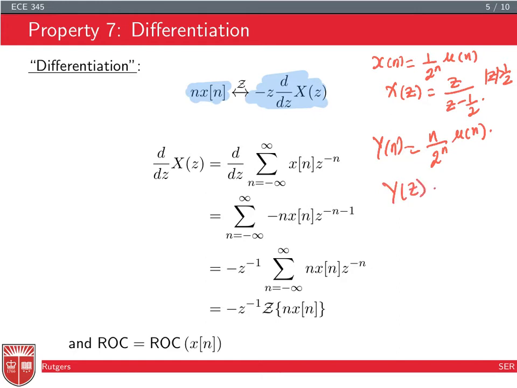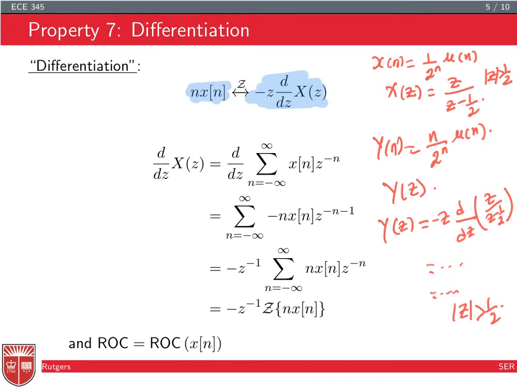You can see here that if you apply the differentiation property, then y of z is going to be equal to minus z, the derivative with respect to z of z divided by z minus 1/2. And then you can do the calculation here, and the ROC will remain the same.